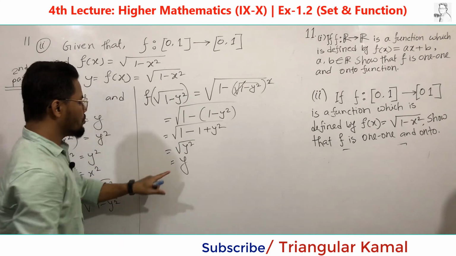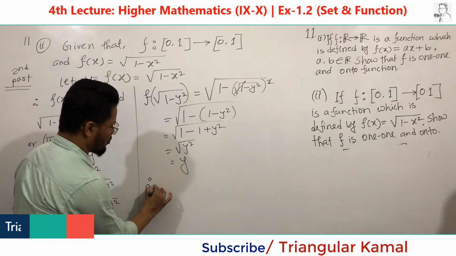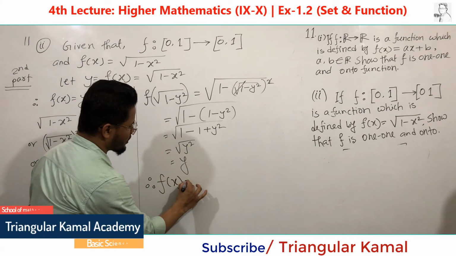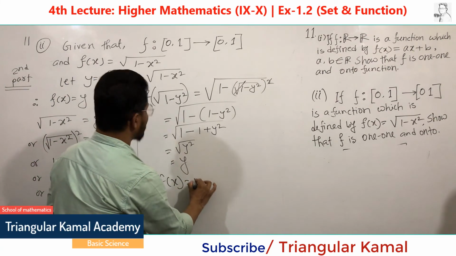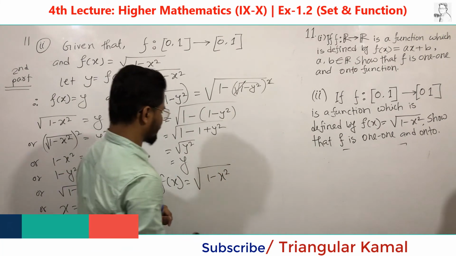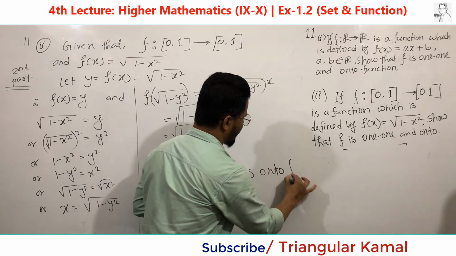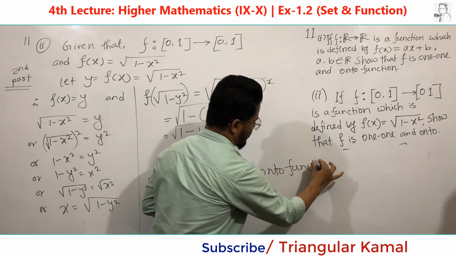So finally we can say f(x) equal root over 1 minus x squared is onto function.